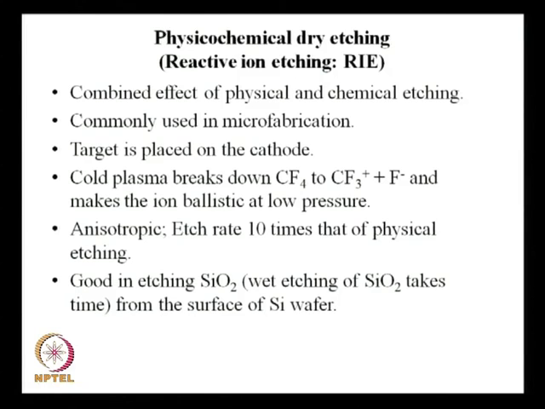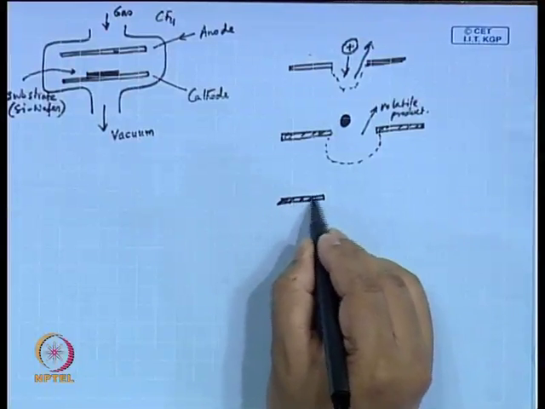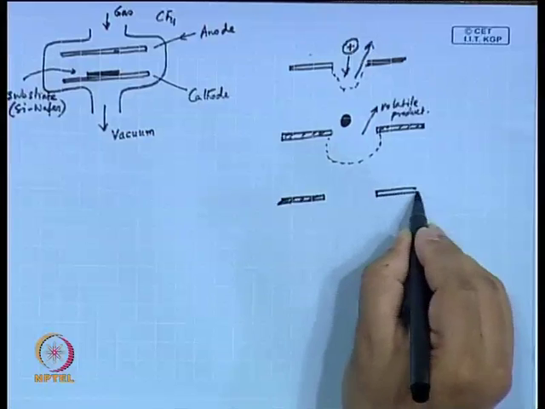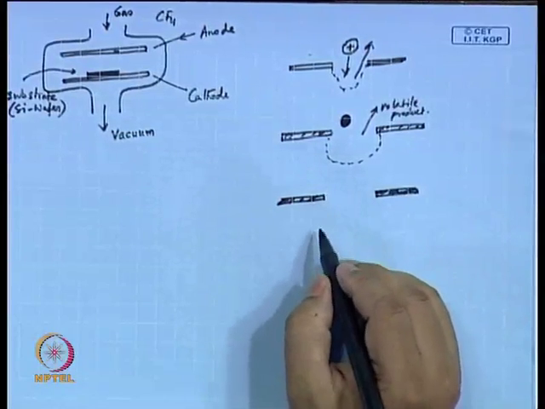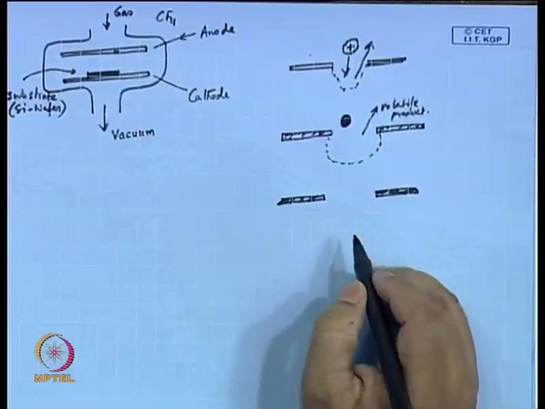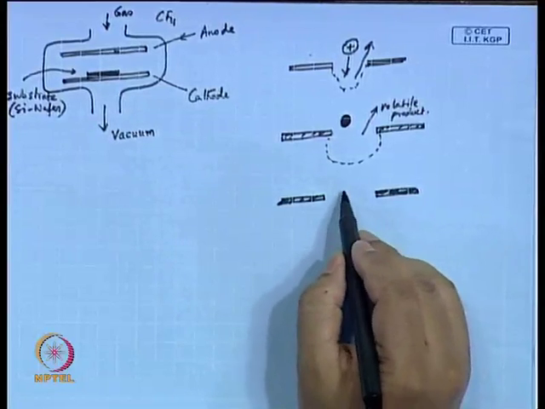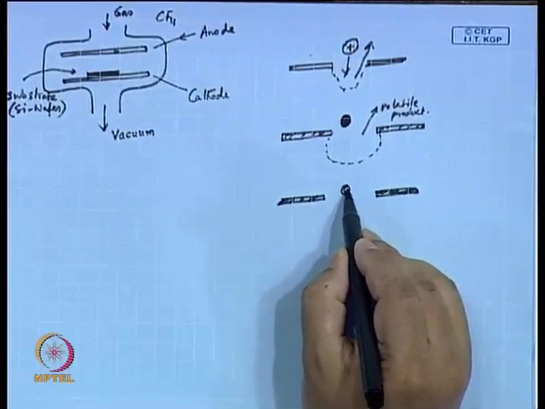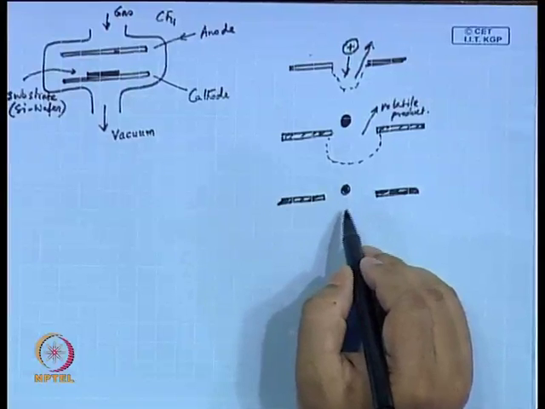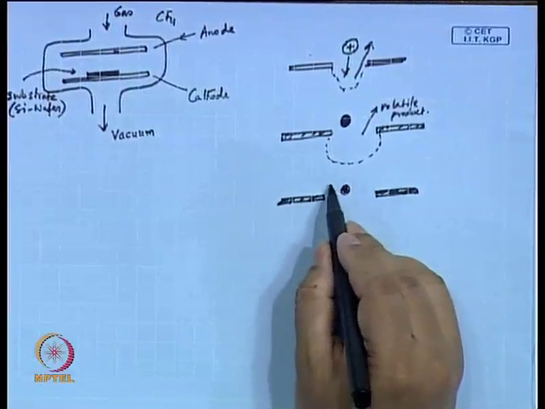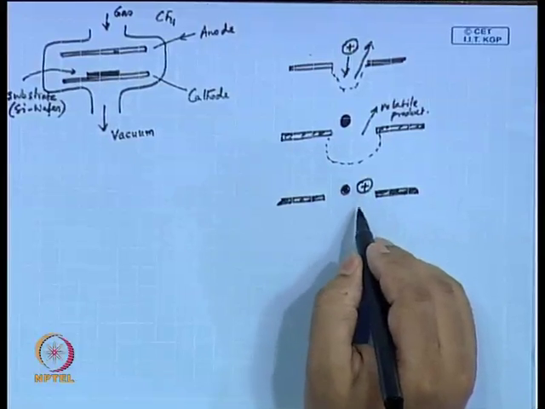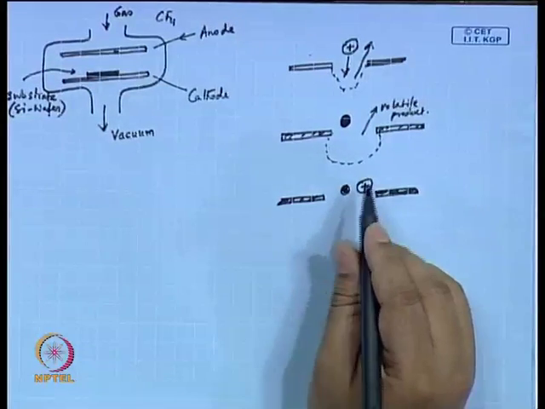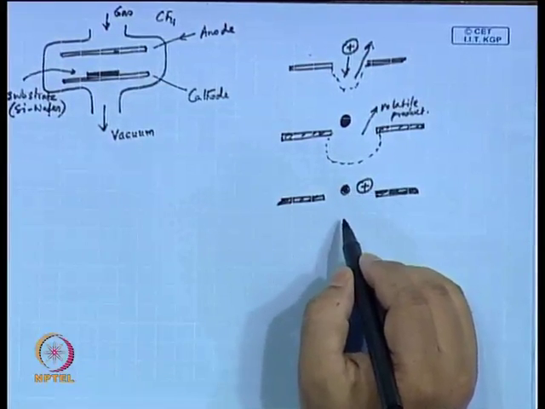So, what that means? This means that you have, as before, a masked portion and a portion of the wafer which is exposed, which is open for exposure. Here you have a neutral species as it is in chemical etching, and also you have an ion as it is in physical etching, and both are doing the etching.